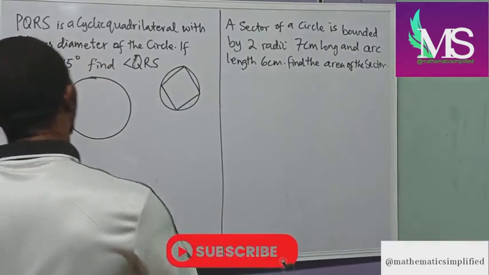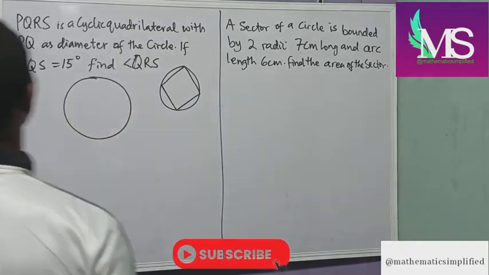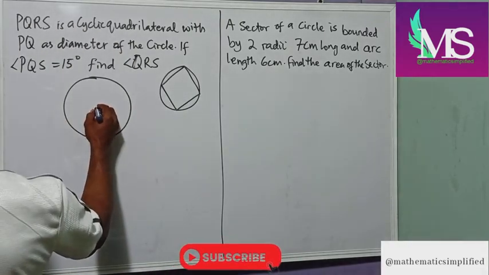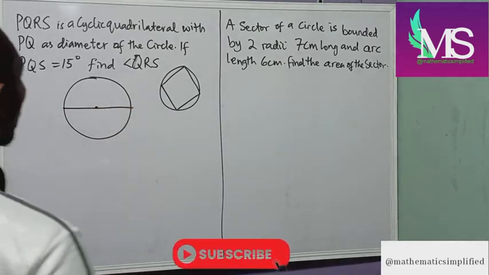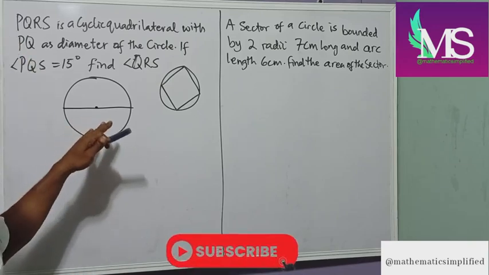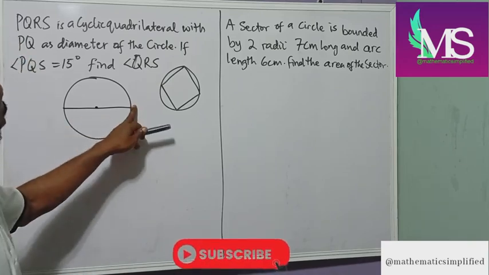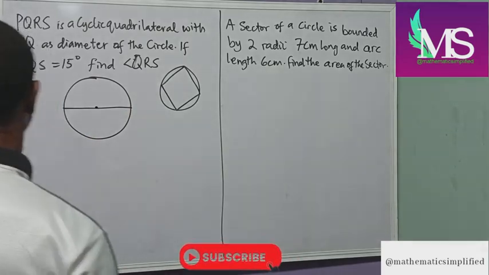All right, now from here we're told that PQ is the diameter, and we know that a diameter is a line that cuts the circle into two equal parts, passing through the center.